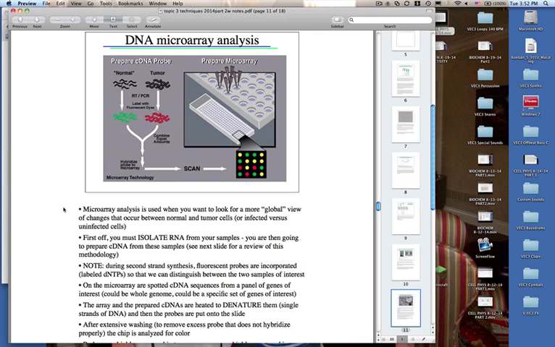If you've got more normal cDNA, you're going to get a green spot. If you got more tumor cDNA, you're going to get a red-ish spot, right? That's going to be ish, depending upon how much higher the amplification is in one or the other, right?